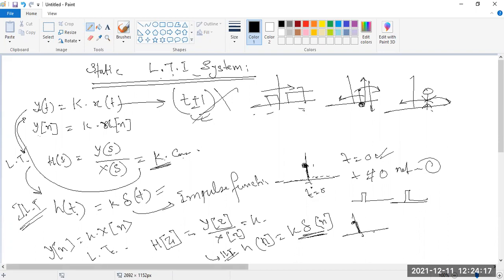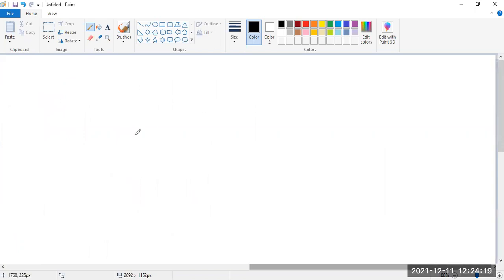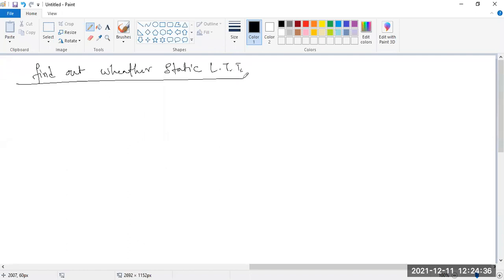Now you have to check and find out. The first question: h of t is given as u of t, whether this is static LTI or not.